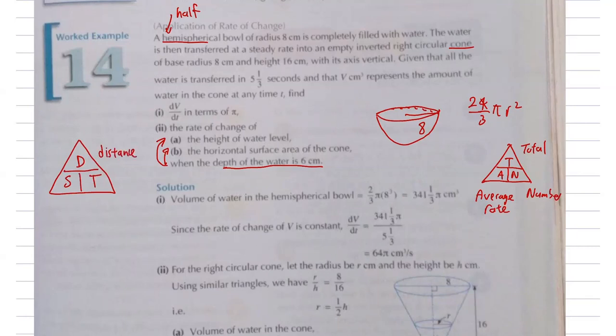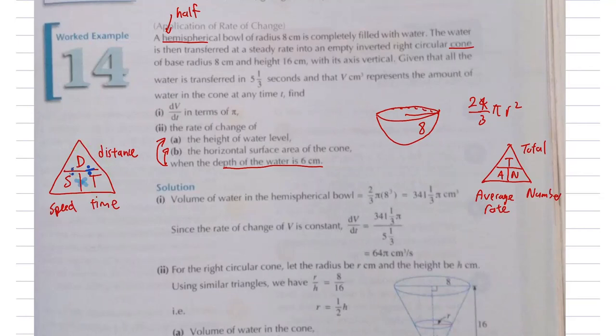Distance, speed, time. And how to relate them together. You want to find distance, it's speed times time. You want to find speed, it's distance over time. You see the fraction over here? Then of course you want to find time, you take distance over speed.